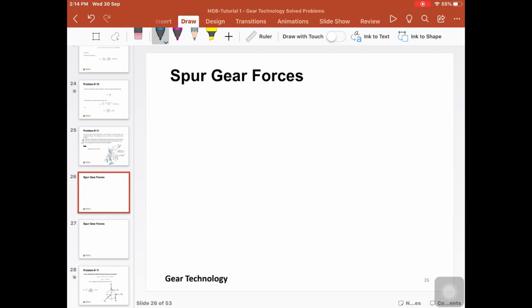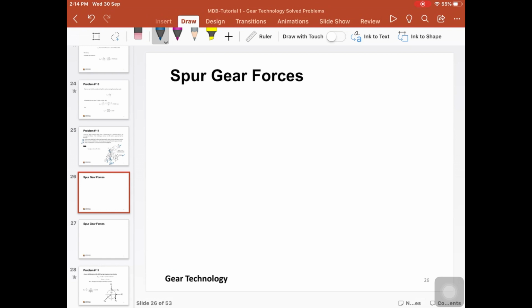First, I'm going to show you how to calculate and represent the forces on a spur gear. If you have a pair of gears just engaged together, there would be forces along the line of pressure, or the line of action, and we want to understand these forces.